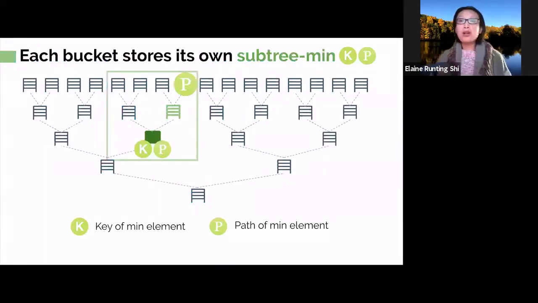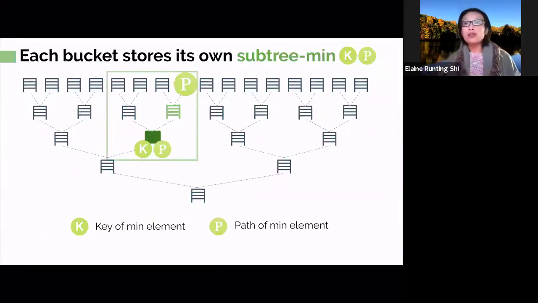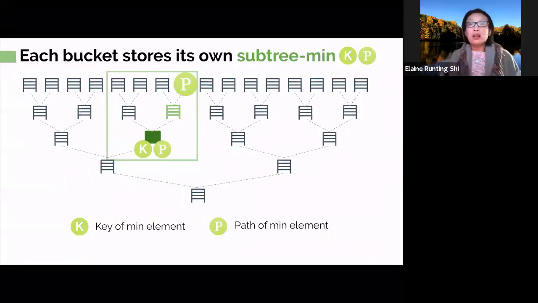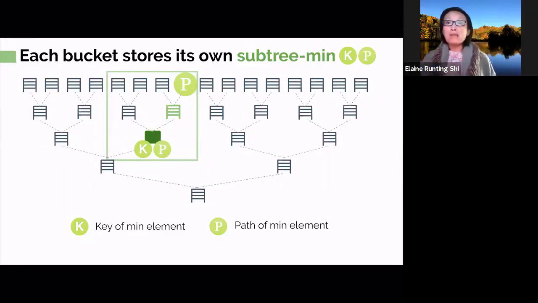Now, besides storing elements, every bucket also stores a label called the subtree min label. This will help us support extract-min later. The subtree min label is a pair consisting of K and P. K specifies the minimum key residing in the subtree rooted at the bucket, and P specifies the path on which this minimum element can be found.